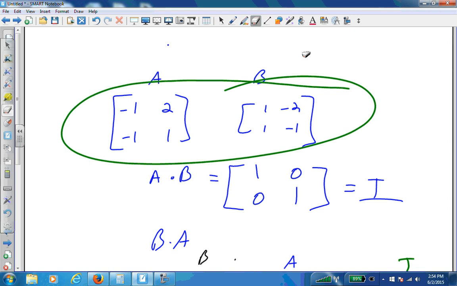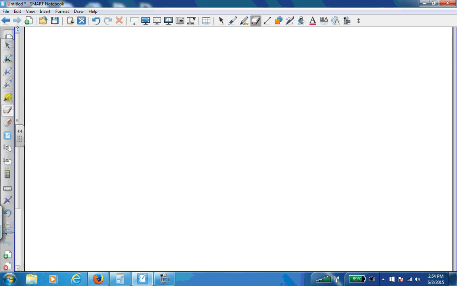So, different ways to find inverses. If I have some matrix, 1, 2, 3, 7, I want to find some matrix so that when I multiply times that, I get the identity.